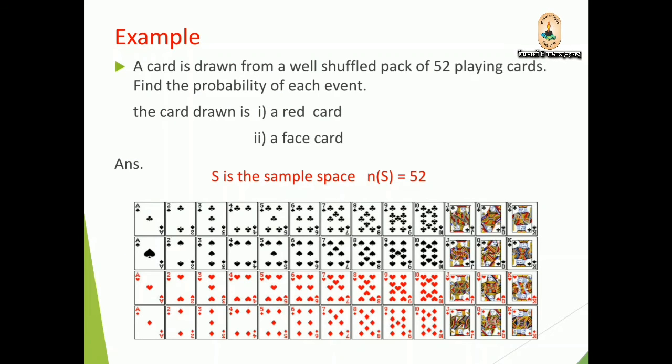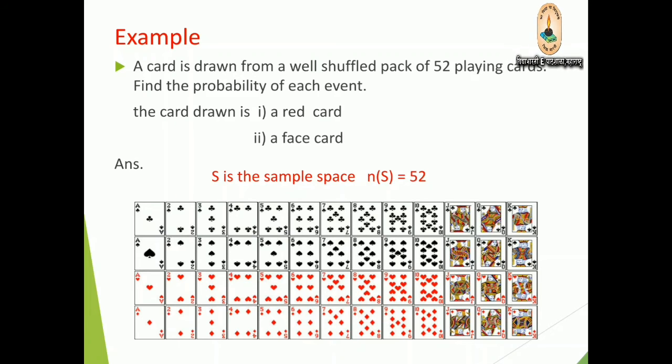Then example number 3. A card is drawn from a well-shuffled pack of 52 playing cards. Find the probability of each event. The card drawn is red card. Second, a face card. The solution for this.